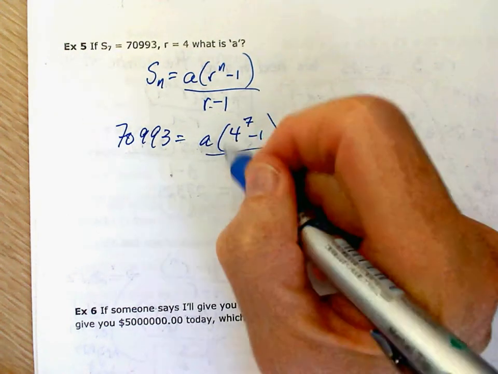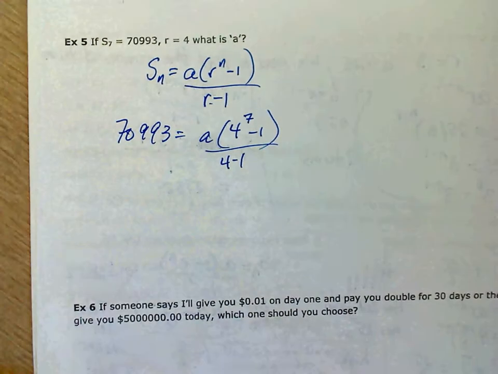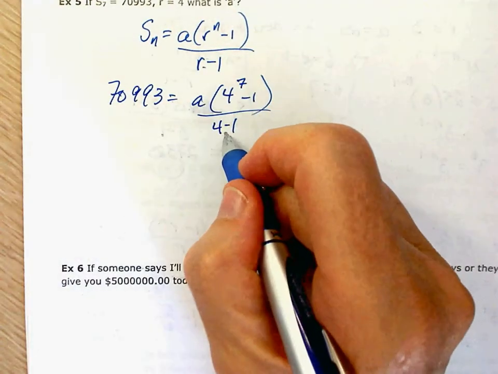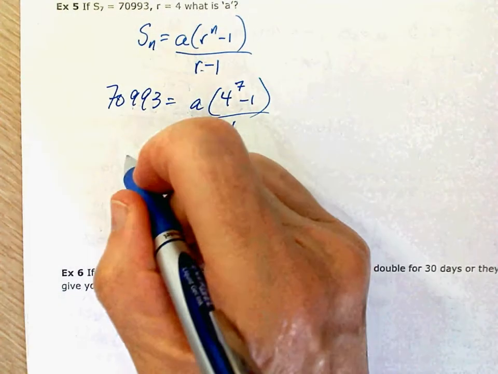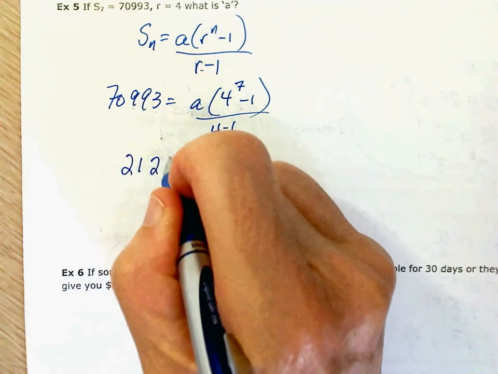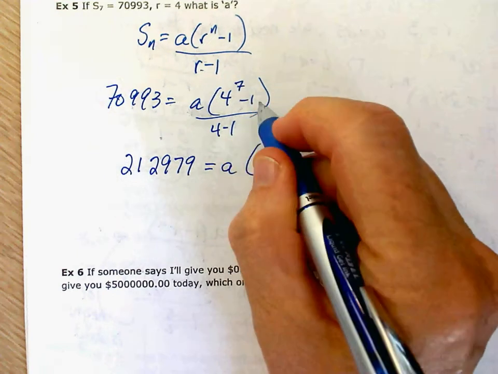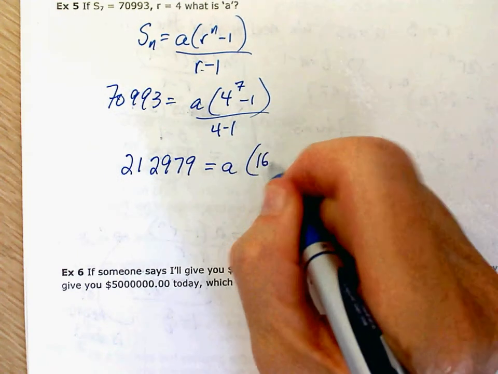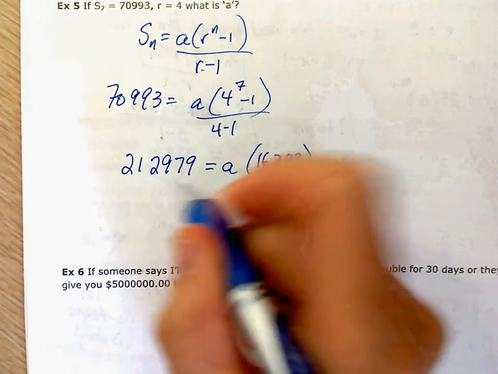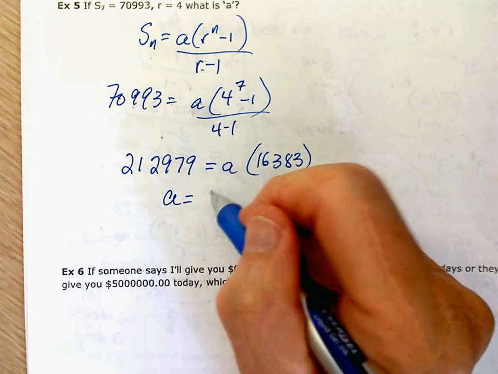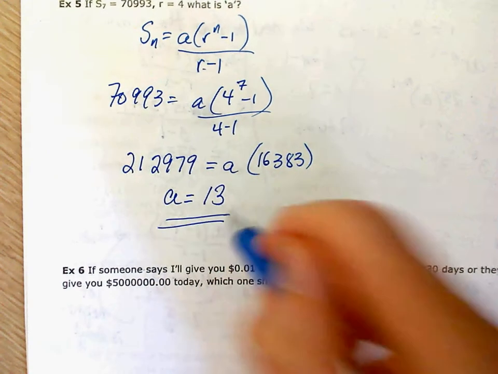So 4 minus 1 is 3. Multiply both sides by 3. You get 2,12979 equals a times 4 to the 7 minus 1, which is 16383. So a is equal to 13. The first term is 13.